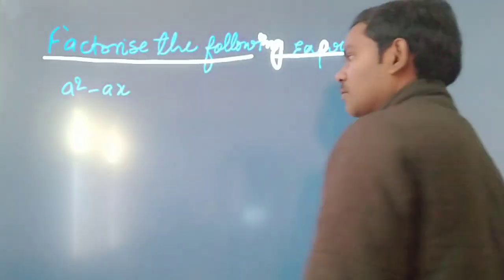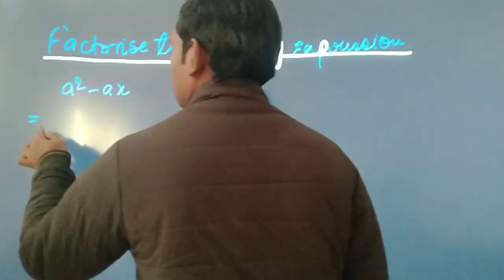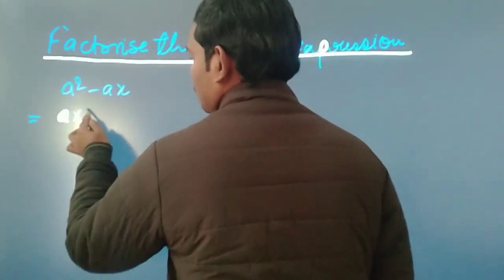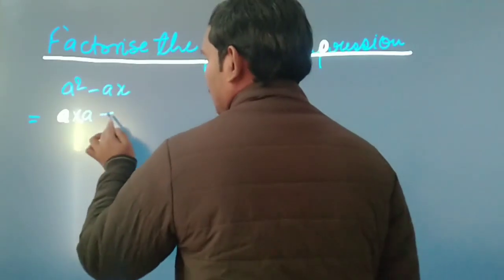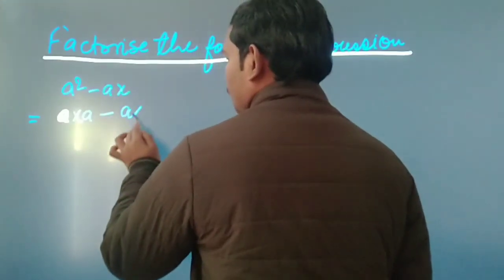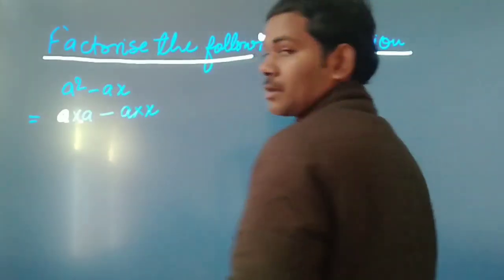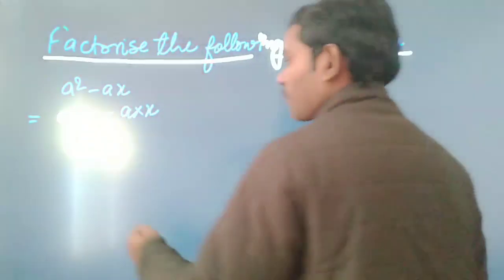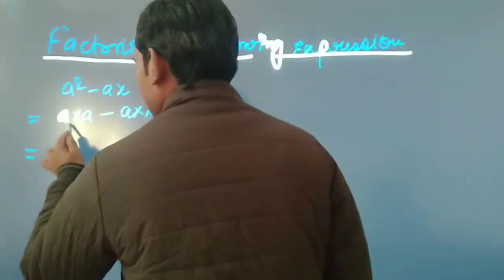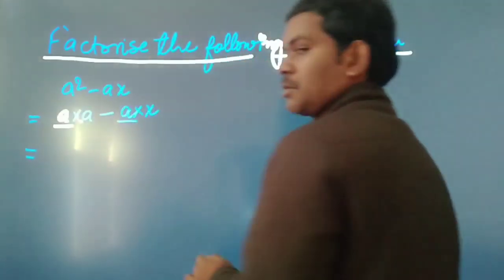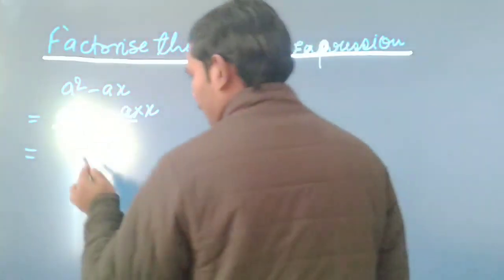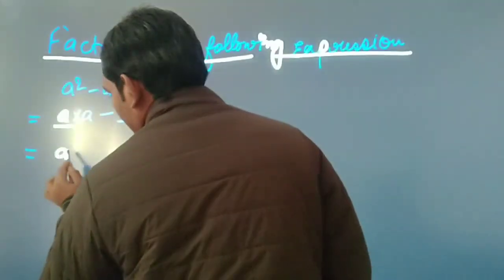The simple way is to write a square as a into a. Similarly, write ax as a into x. Now taking common, what quantity is common here? We can see that a is present in both quantities, so we take a as a common factor. So we write a.